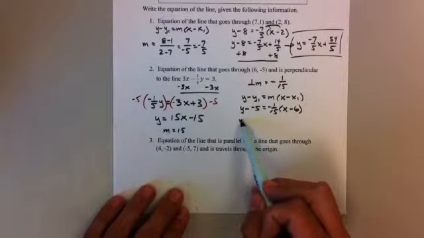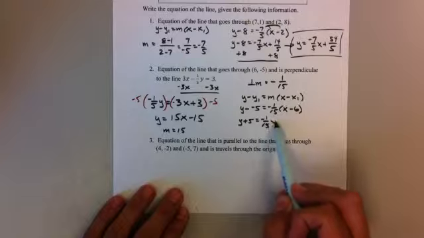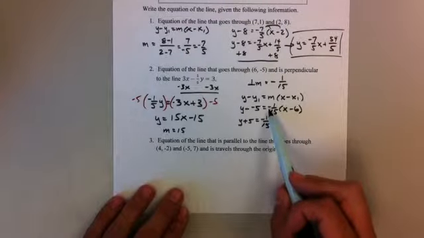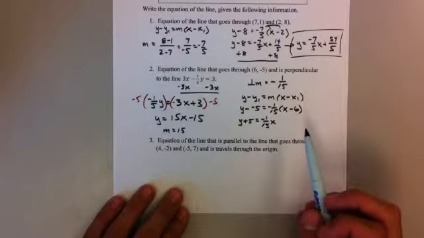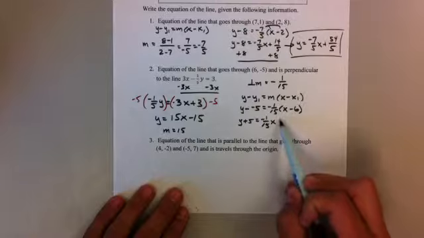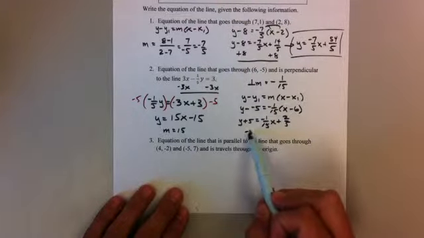So let's clean all this up. So y plus 5 equals negative 1/15 x. Negative 1/15 times negative 6 would be 6/15. So that would be 2/5. I obviously would subtract 5.